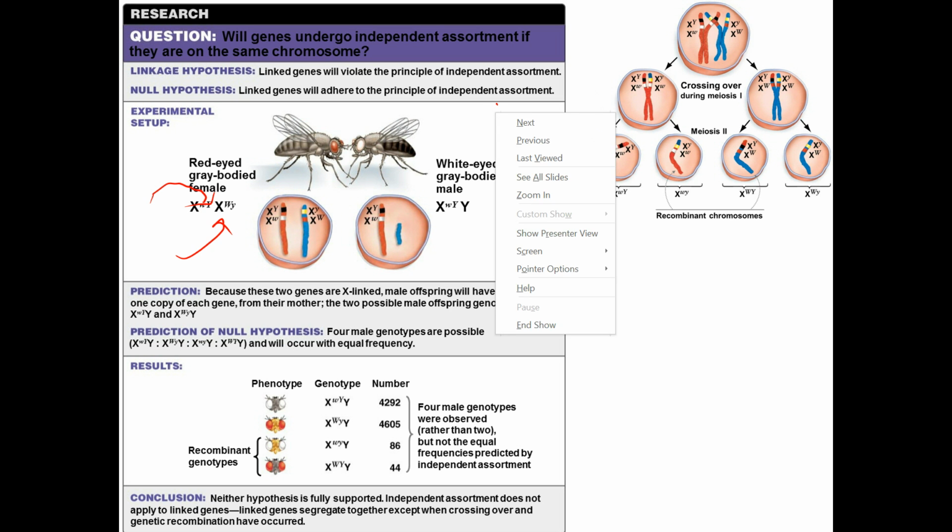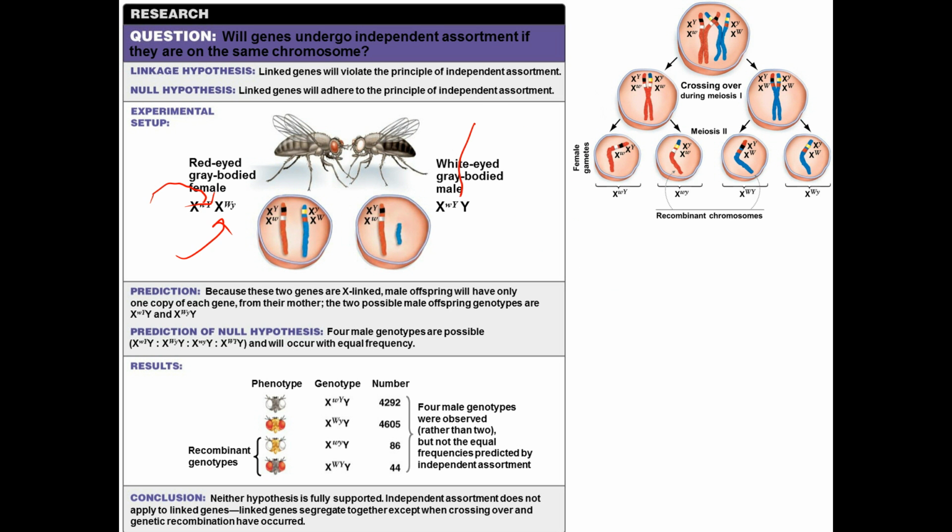We have a copy of the gray body allele, and a copy of the white eye allele, the little w. This is a sex-linked gene, so males are only going to have one copy of the genes. The mother has two copies, for which she could be homozygous or heterozygous for either of these.